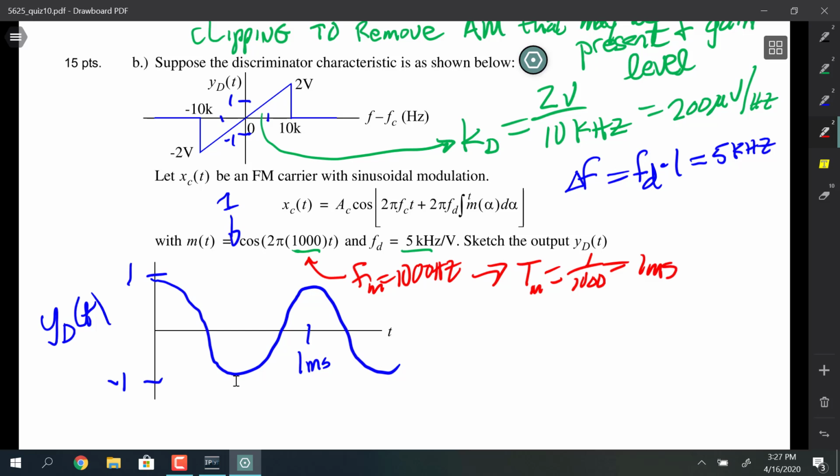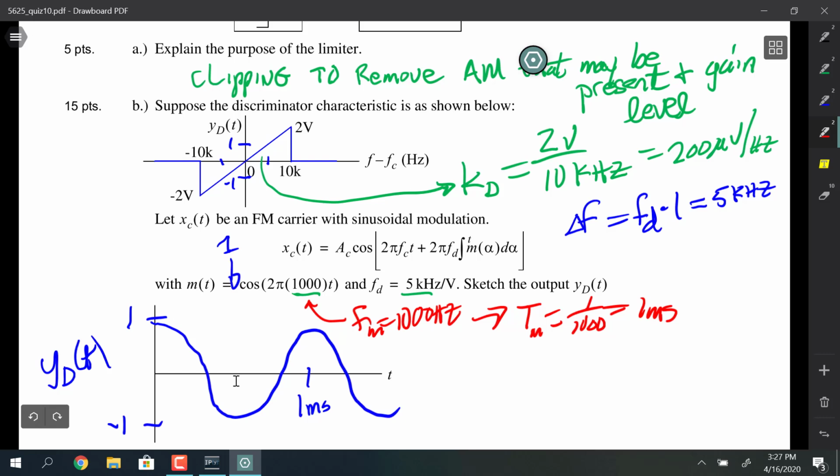The 5 kilohertz peak deviation just tells us how much that message is pushing the carrier frequency above and below the center frequency. And in this particular case, the center frequency, FC, didn't even need to be spoken about. It's symbolic at this point.